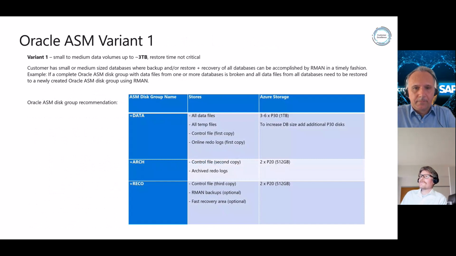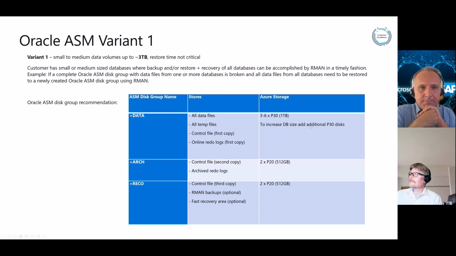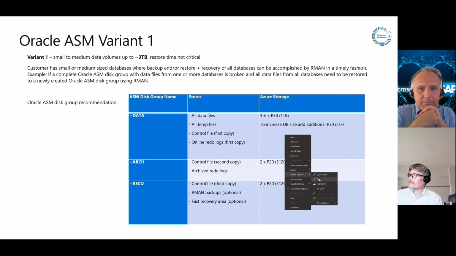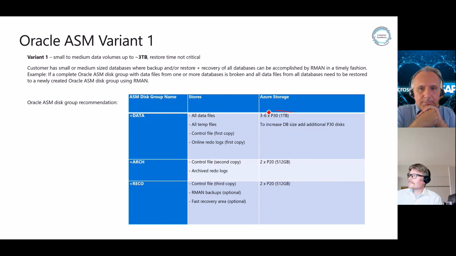So we'll go very quickly through ASM Variant 1. This would be for dev, QA, and very small systems. So we would have 3 ASM disk groups, and each of those disk groups having 3 to 6 P30 disks.